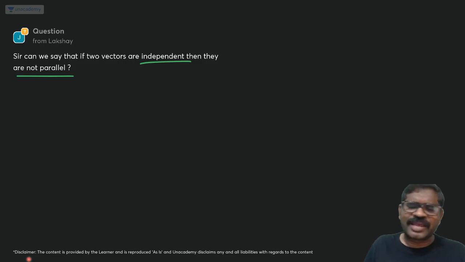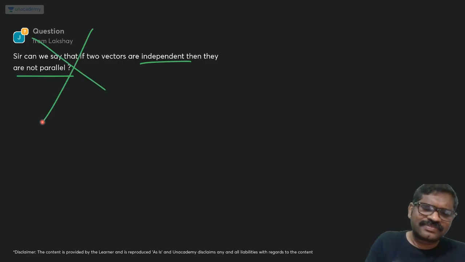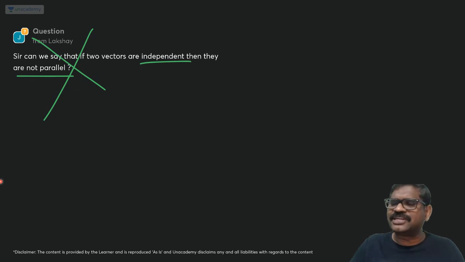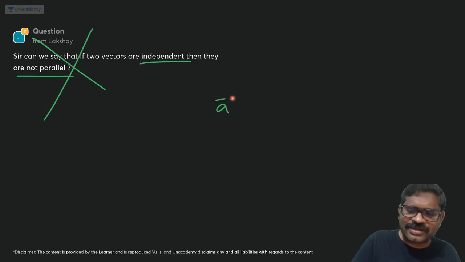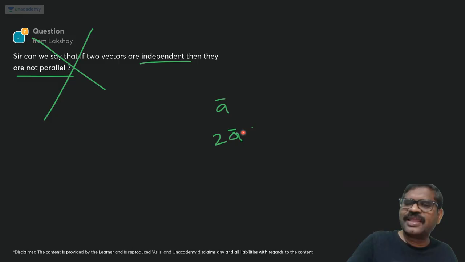Dependent, then they are parallel. Incorrect. Your assumption is incorrect. If they are parallel, that means A bar and 2A bar are parallel. Independent does not mean parallel, don't trap me. Dependent means parallel.